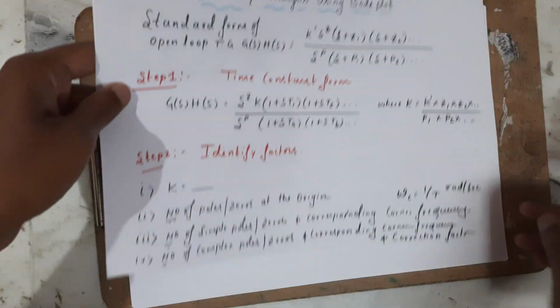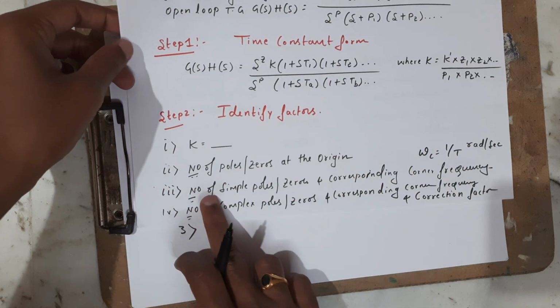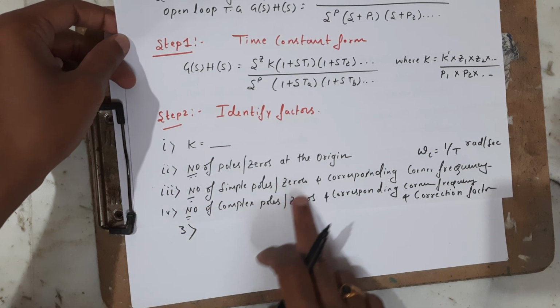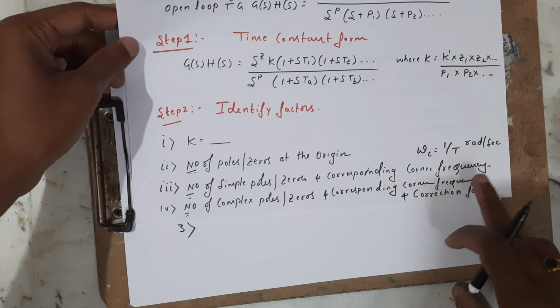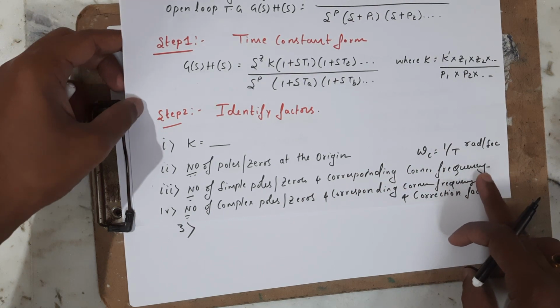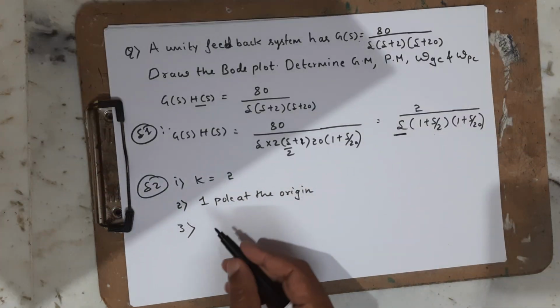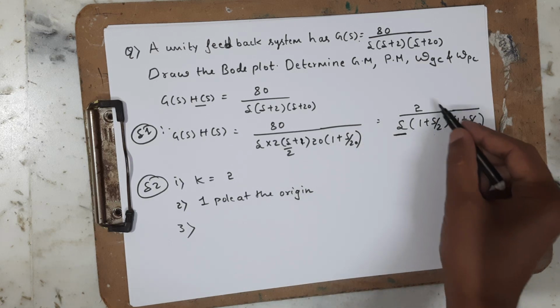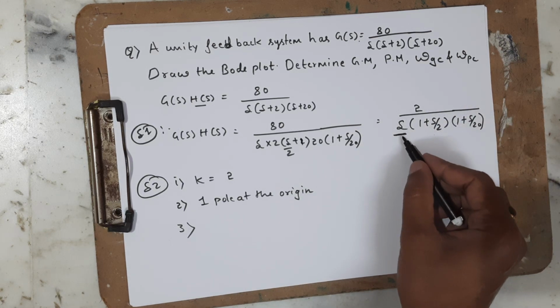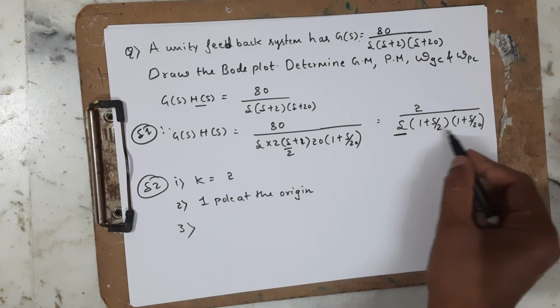The third factor that we have to find is the number of simple poles or zeros and the corresponding corner frequency. Here we don't have any zeros. We have one pole at the origin and we have two simple poles.